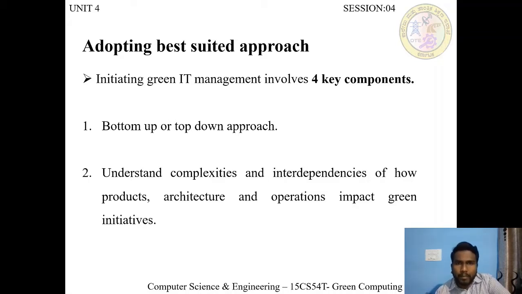So in bottom up approach, the IT manager who has the vision of implementation of green IT will plan on explaining to the bottom up people like employees. He'll be motivating the employees on what is green IT, what are the benefits of green IT, how to implement green IT, and what will be in the near future, like what are the environmental advantages of using green IT approach. Once the IT manager convinces the employees, half the job will be done.